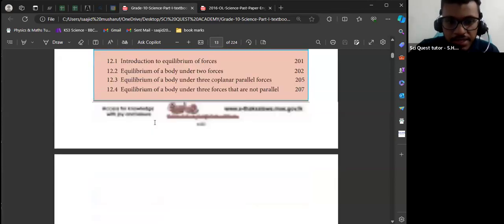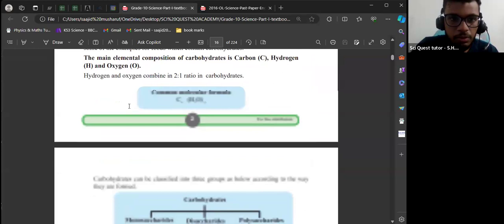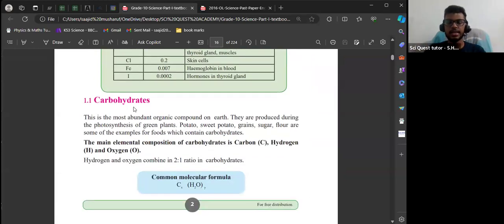For an example, if we start topic one, let's say today we have done carbohydrates. I will try to give you a complete summary table which would include all the information and gather the information from pages and pages into just one page.